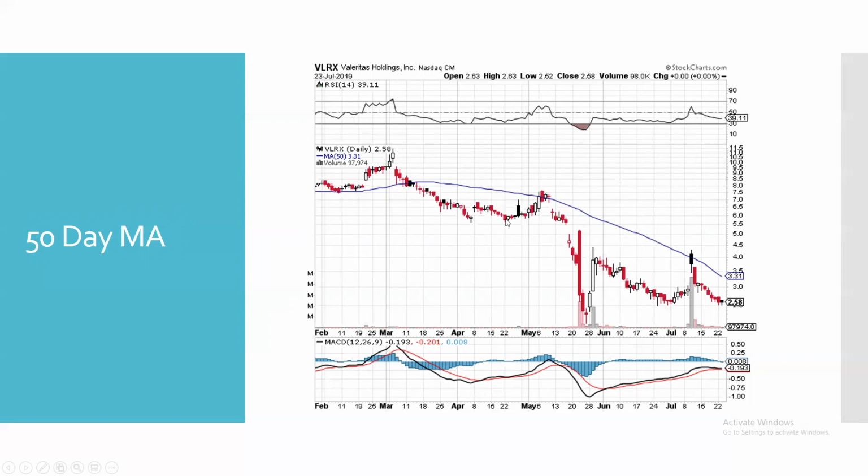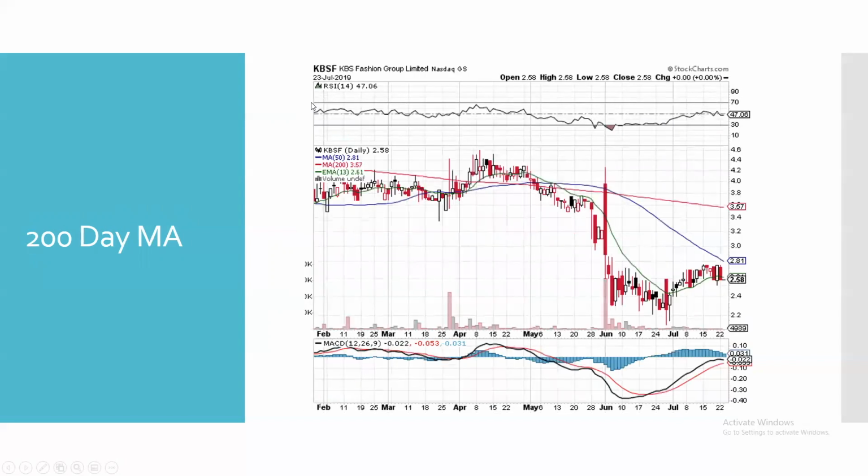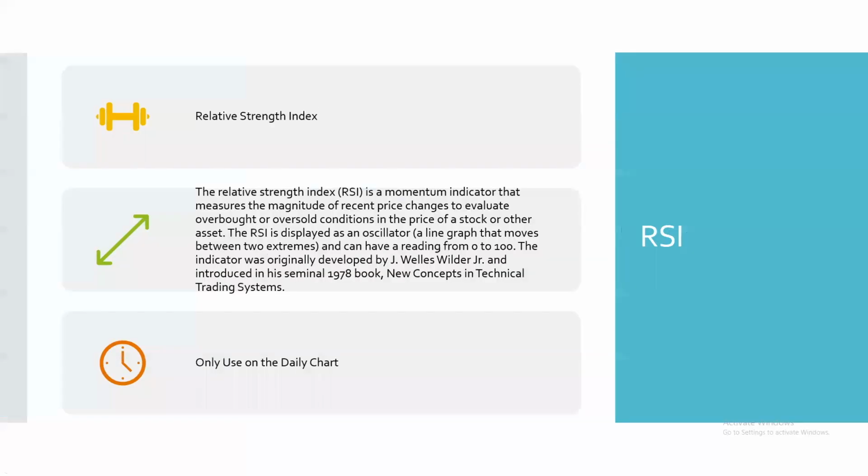So what does the RSI do? What's the point of the RSI? Because that's the one we're going to be focusing on most. What does the RSI do for us? The RSI stands for the Relative Strength Index. Now, what is the Relative Strength Index? It's a momentum indicator that measures the magnitude of recent price changes to evaluate overbought or oversold conditions in the price of a stock or other assets.